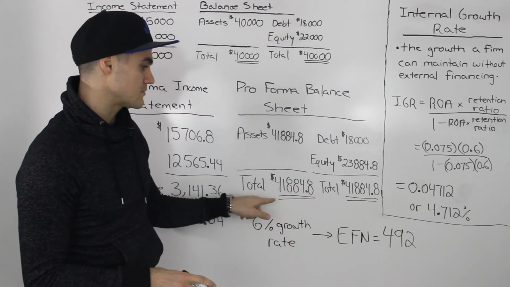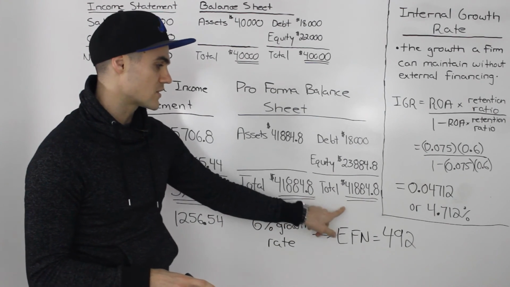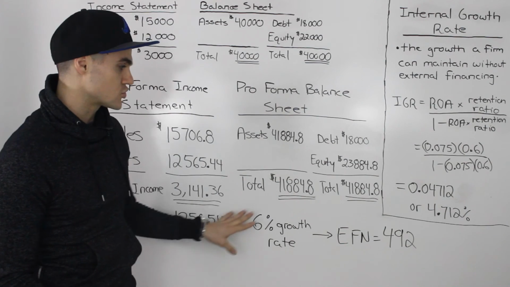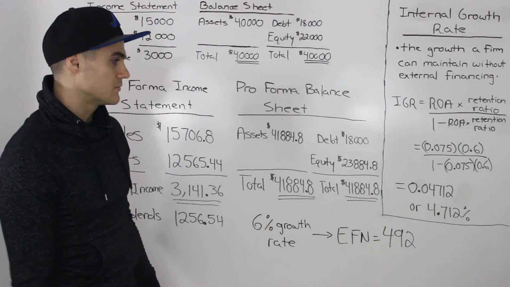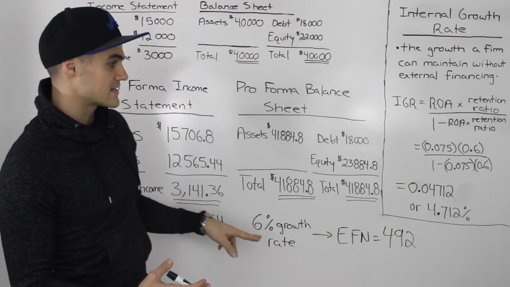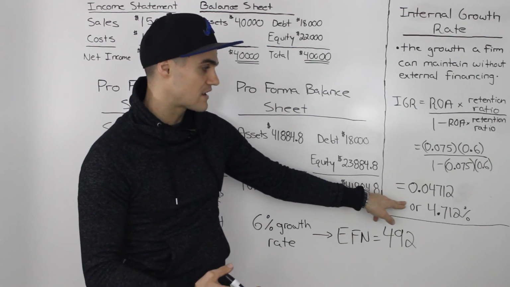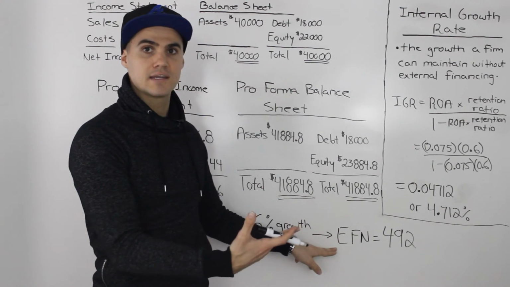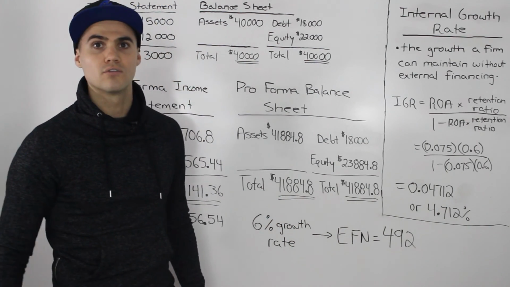Basically at this last step, this left side is going to be greater than this right side by that amount. So I would suggest that you pause the video and try that yourself. Basically the point is any growth that this company wants to have over 4.712% or over its internal growth rate, they're going to need external financing.